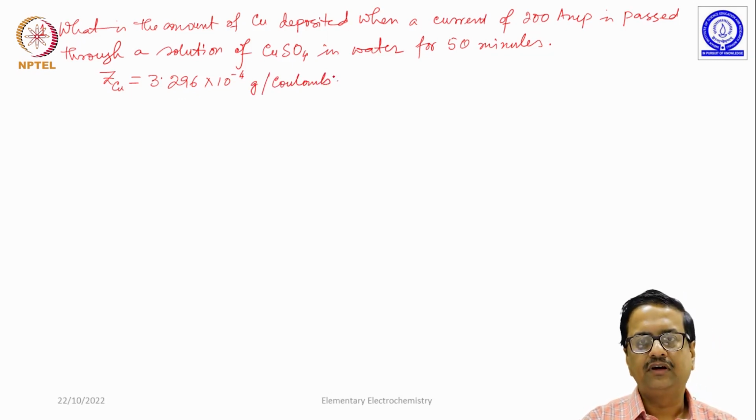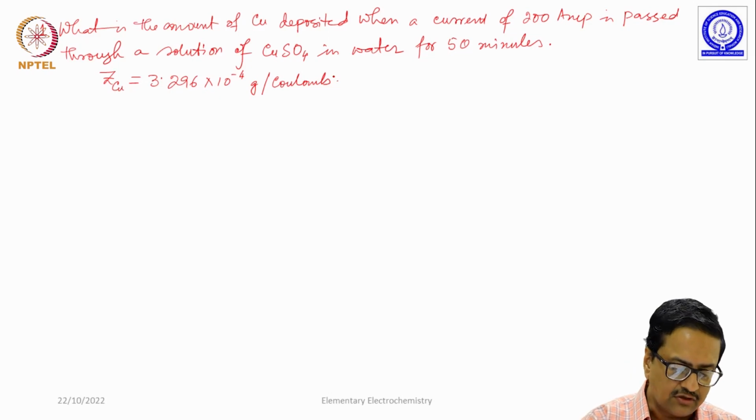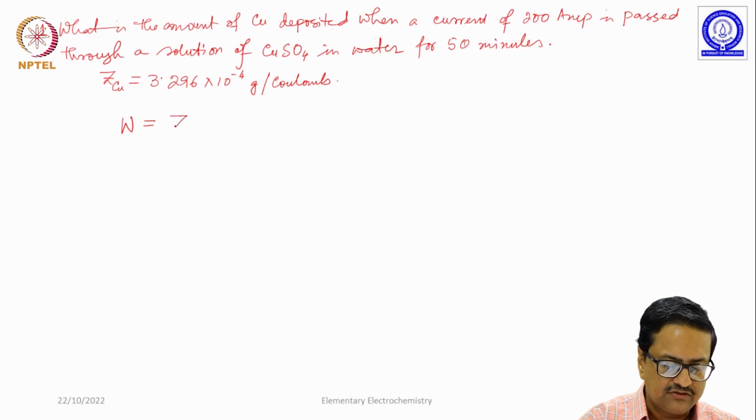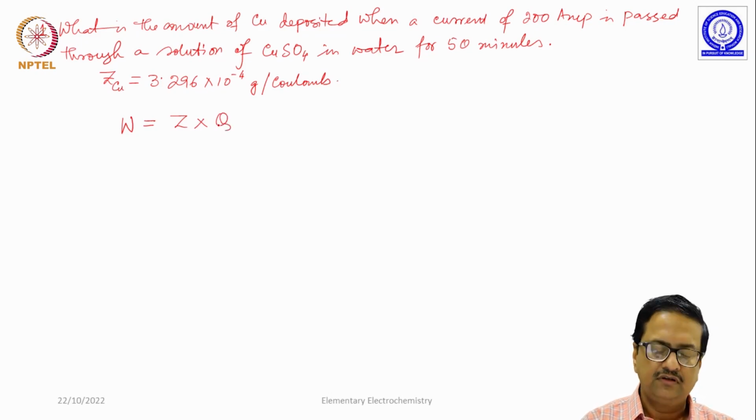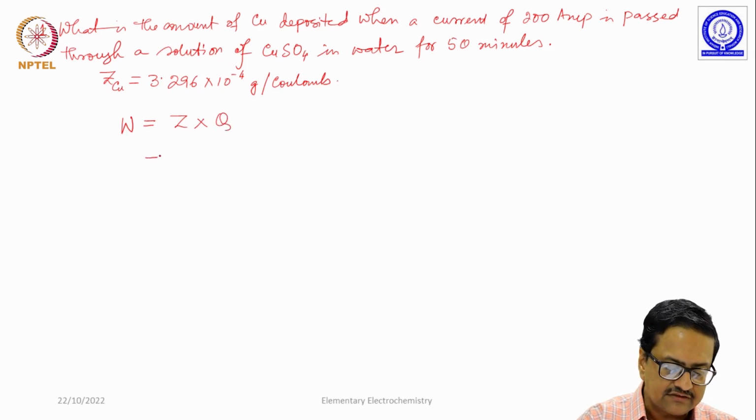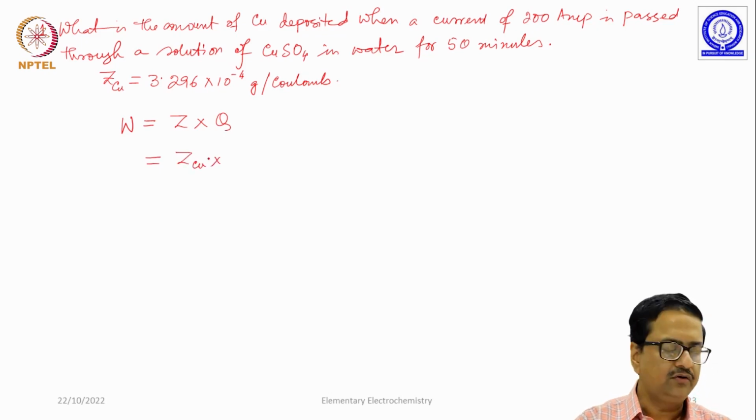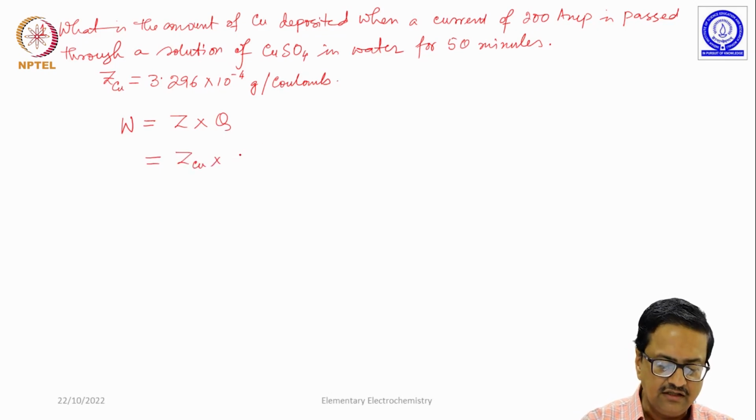So what we know from Faraday's first law is that W is equal to the electrochemical equivalent Z into the amount of electricity passed Q. In this particular case it should be Z of Cu, and Q is nothing but the current in amperes and time in seconds.